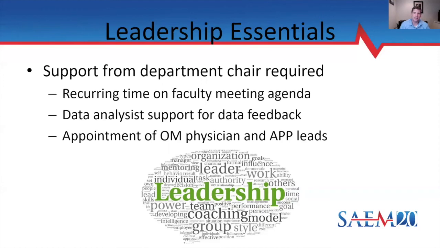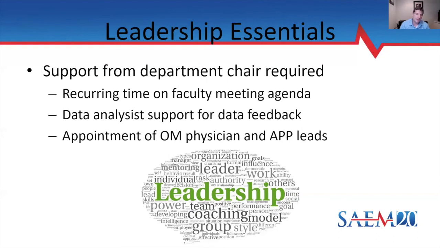You need to be able to tell them what the conversion to inpatient rate is, what the length of stay is, what the different types of conditions managed in the observation unit are and how those may be changing over time. That's going to need to be put into dashboards or reports and then shared back to faculty who are ultimately responsible for choosing the patients who will go to the observation unit.